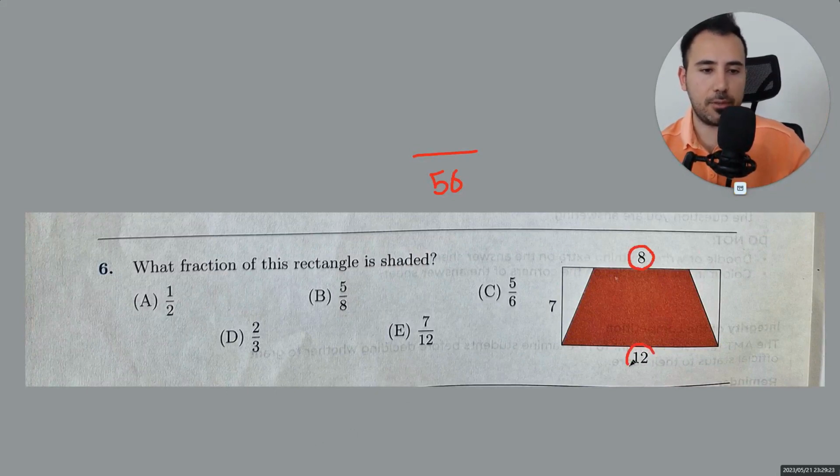How do you find the area of a trapezoid? We add these two and then divide by 2, which is the average, and then multiply it by the height over here, which is 7. So it's going to be like this. The average of 8 and 12, divided by 2, is going to be 10. Multiplied by the 7.